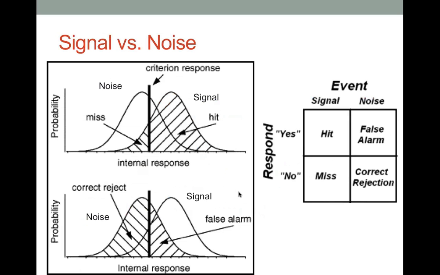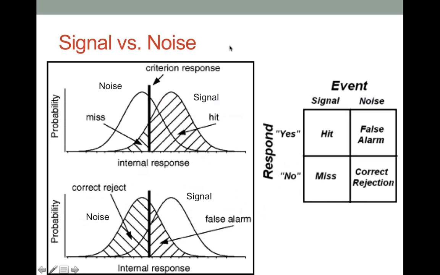Now I'm going to map this terminology into what is more standard of signal versus noise. Normally, this has been presented as trying to hear, let's say, an audio signal embedded in noise. So if there's constantly some kind of background noise in your ears, and then occasionally they play you a beep, and you're supposed to say whether you heard the beep or not, then we're going to have a noise distribution of things you hear when there's not really anything there, and a signal distribution, which is sometimes called signal plus noise because the noise is always there.